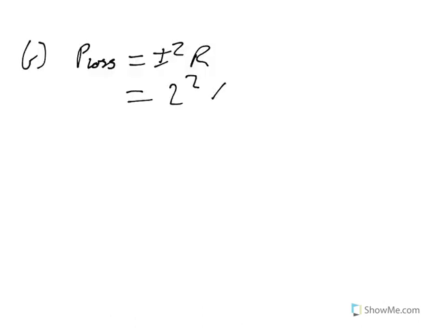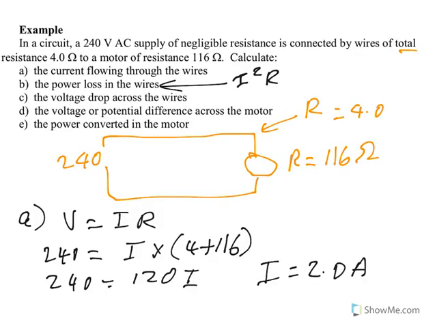So for B, the power loss equals I squared R. Current we just found out to be 2. 2 squared times the resistance of the wires, which is 4 ohms, and so 16 watts. So 16 watts of power loss.